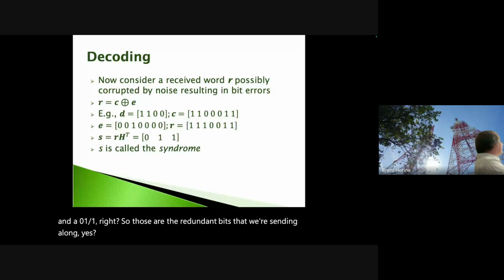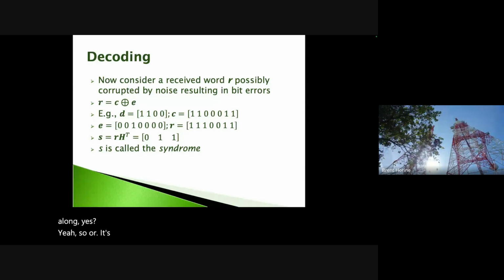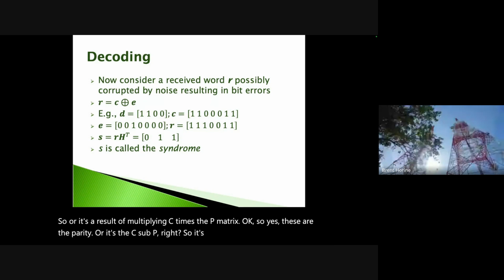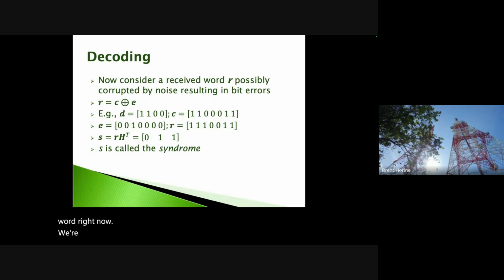Yeah, so it's the result of multiplying C times the P matrix. Okay, so yes, this is the C sub P, the parity portion of the code word. Now we're going to examine what happens when the channel produces some error.